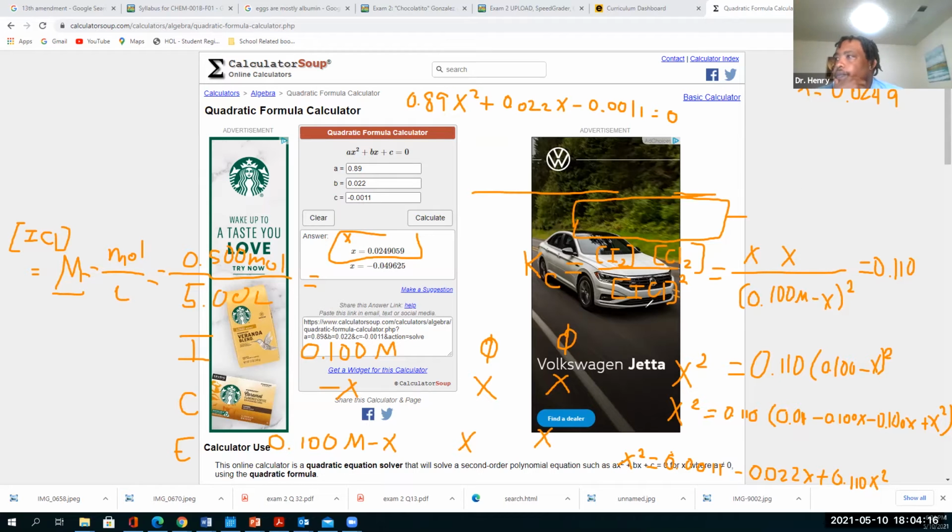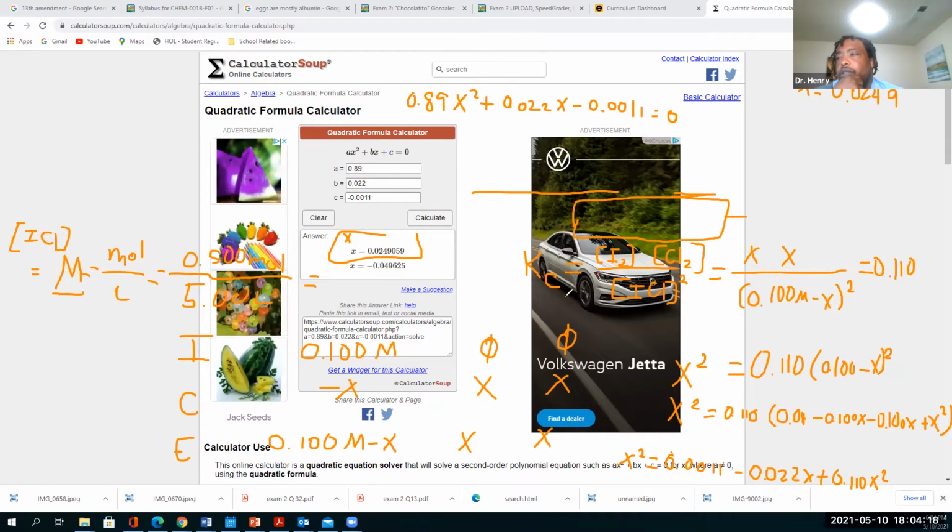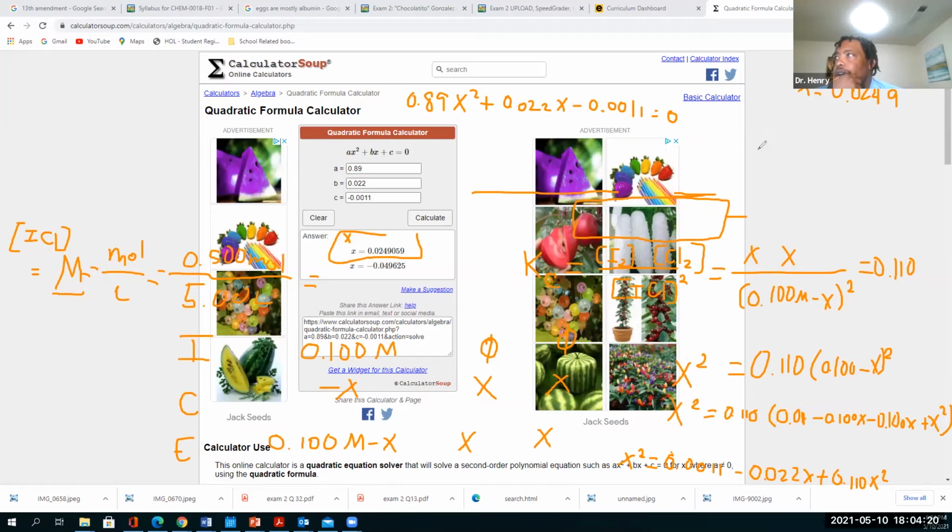Okay, so what we could have also done, we could have made an assumption that this value was so low that it's not going to have too much of an impact on here. If we had made that assumption, then we would end up with 0.100 molar over x squared.